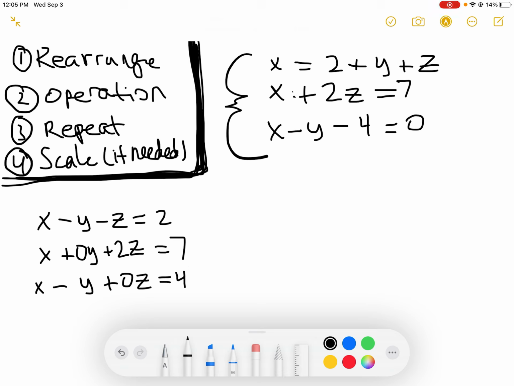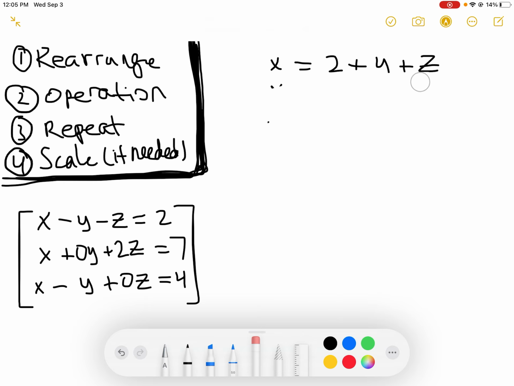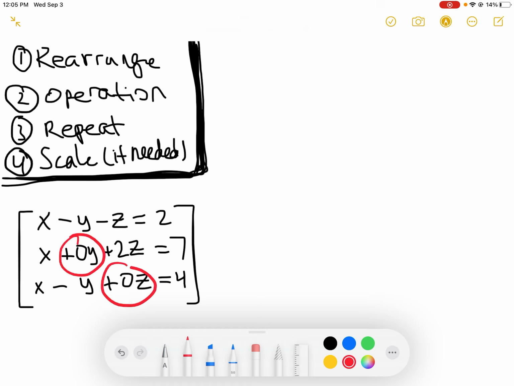So now all of the equations look the same. So that's the first step. We rearranged it and then we put in some filler ones just so that they'll all line up. That makes it a lot easier to do.